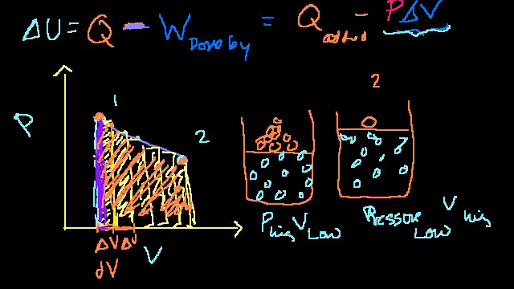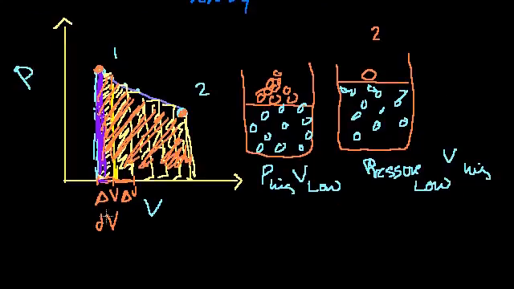If you wanted to know the real math behind it, if you could get your pressure as a function of volume, and if you haven't watched the calculus videos, you can ignore this little aside I'm going to do here. This is this curve right here. Let's say you could write pressure as a function of volume. When you're in algebra, you learn a curve is y as a function of x, but here y is pressure and x is volume.